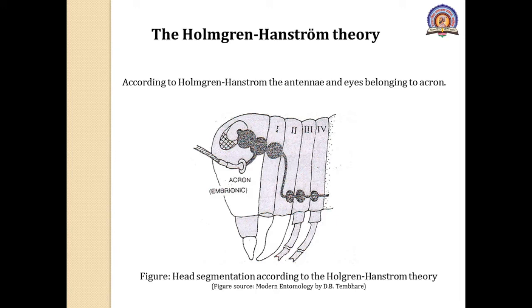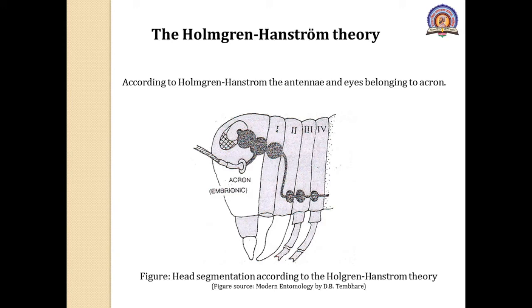According to Holmgren and Hamstron, the antennae and eyes belong to the acron, and these structures can't be accounted as procephalic segmental appendages as suggested by the earlier workers who believed in the classical theory. Their theory is principally based on the skeletal-muscular and neuroanatomical systems of a large number of annelids and arthropods.